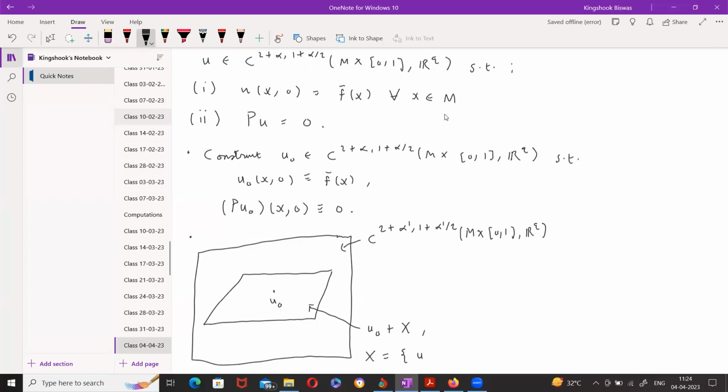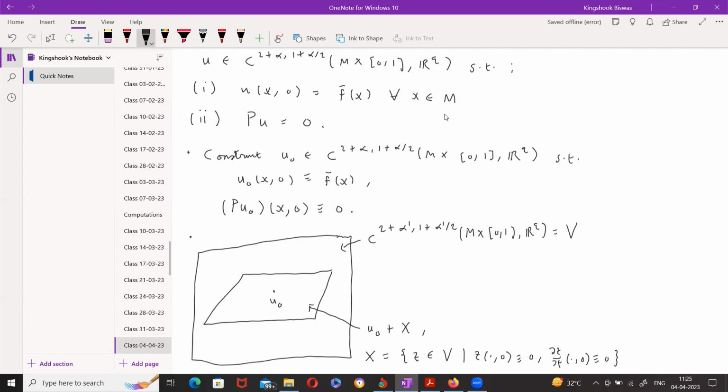Let me call this big space, say, capital V. So X is the set of Z in V such that Z at time 0 is identically 0, and its first derivative, del Z del T, at time 0 is also identically 0.